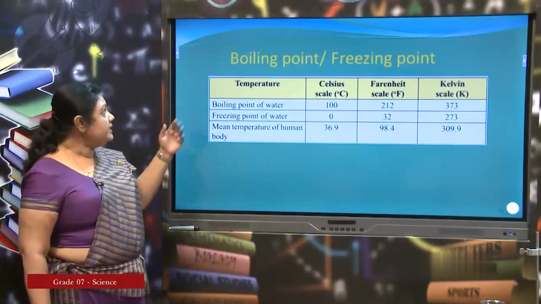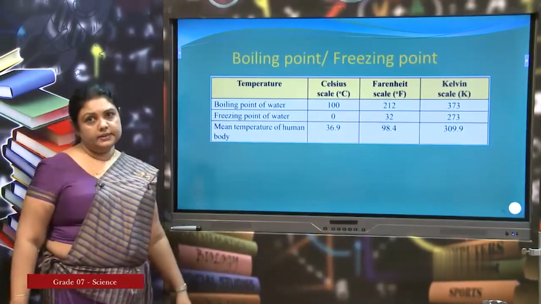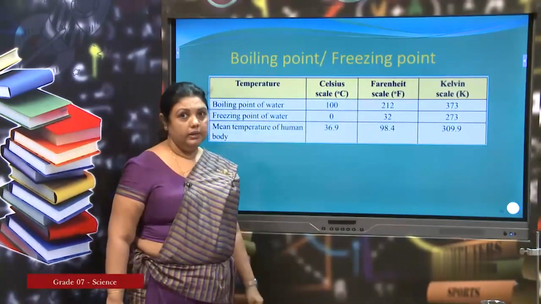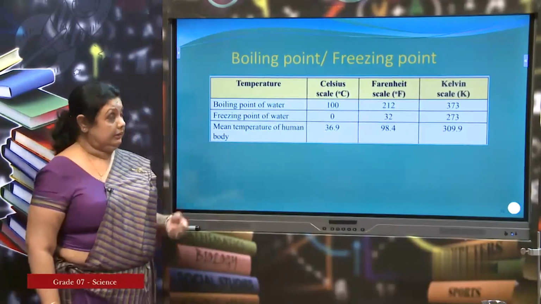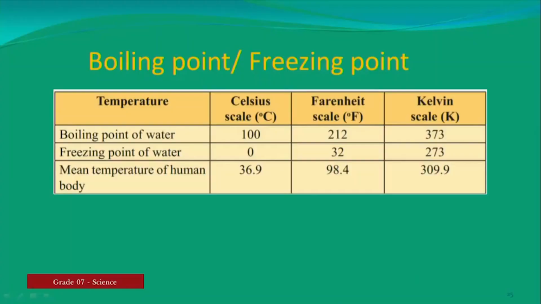Right. We see there are some boiling points and freezing points given there, different with different scales. I will tell you what boiling point and freezing point are later on. And here I want you all to see the differences. Can you see the boiling point of water? On the Celsius scale it is 100, Fahrenheit 212, Kelvin 373.